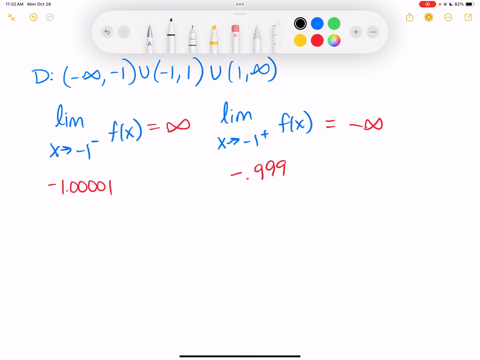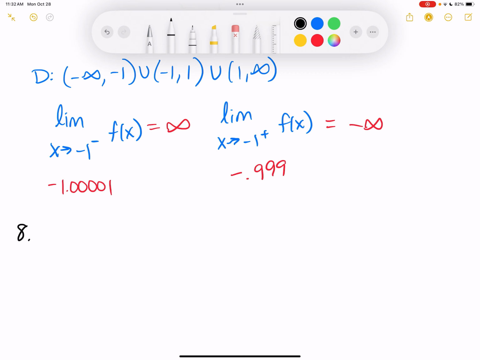All right, number 8. Okay, we're doing this a little different than the instructions say.